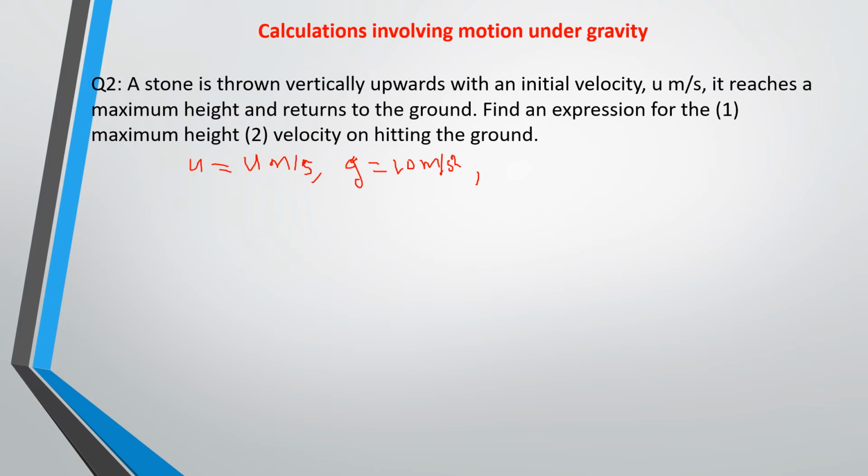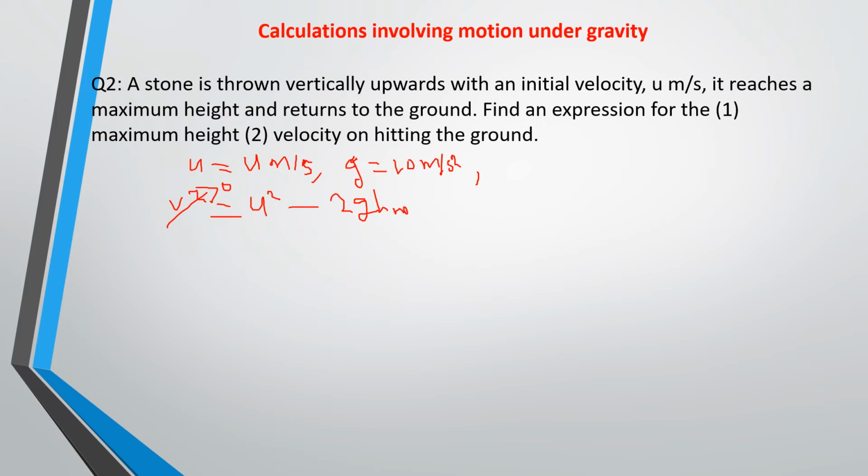So if you know that, from the third equation of motion, v squared equals u squared minus 2gh, where h is h max. So v squared is equal to 0 because at maximum height, final velocity is equal to 0.